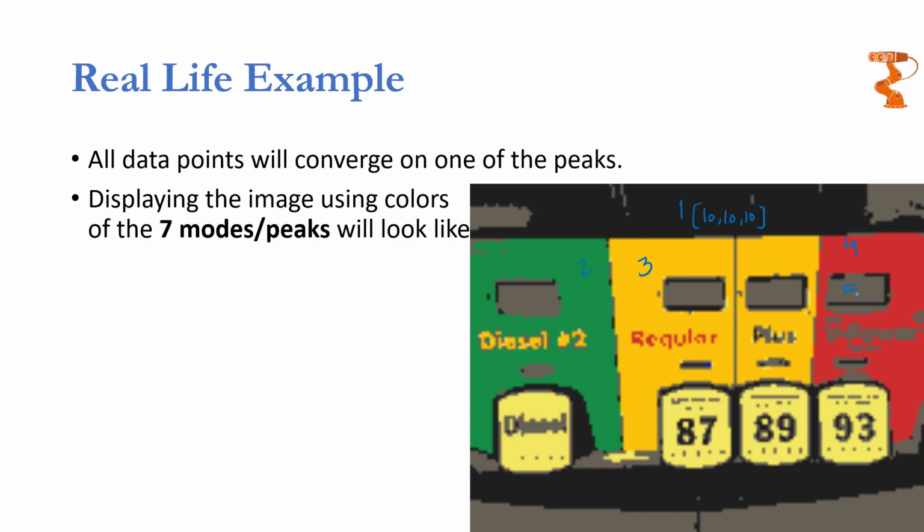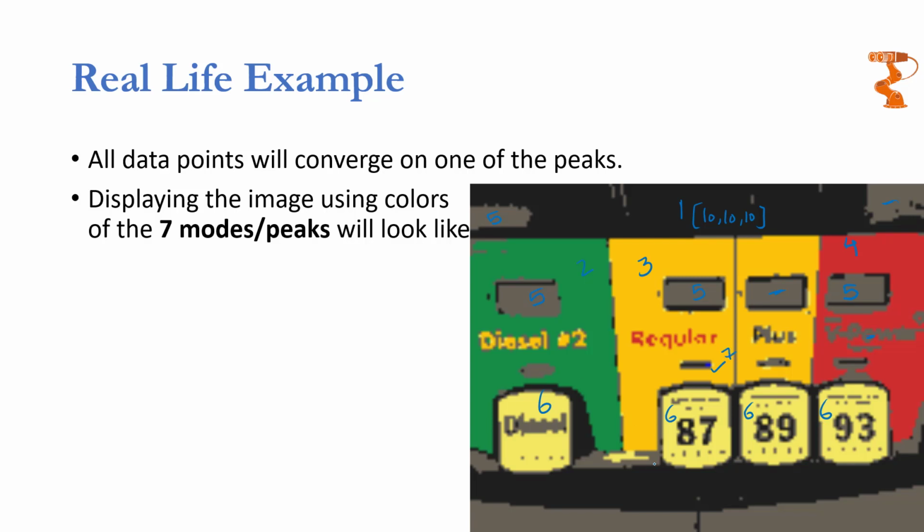over here. A fifth region is this gray area which is appearing somewhere over here, over here, over here. So all these gray areas are region number 5, and this light yellow region is the sixth region, and this is the seventh region.